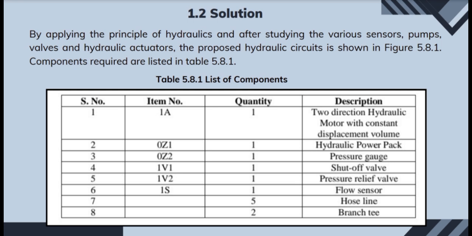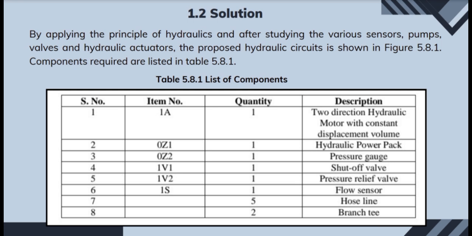S number 1, item number 1A, quantity 1, description: 2-direction hydraulic motor with constant displacement volume. S number 2, item number 0Z1, quantity 1, description: hydraulic power pack. S number 3, item number 0Z2, quantity 1, description: pressure gauge. S number 4, item number 1V1, quantity 1, description: shut-off valve.